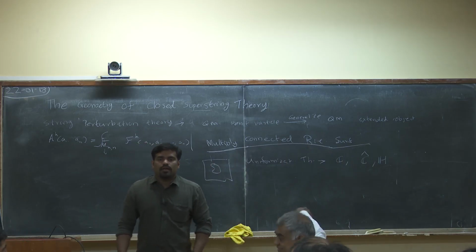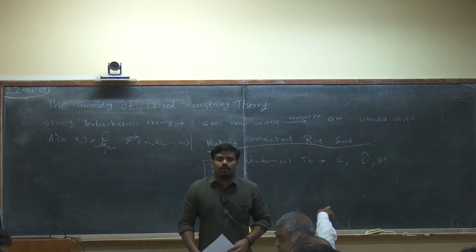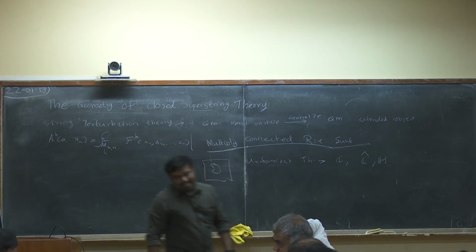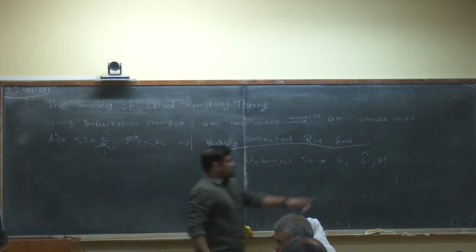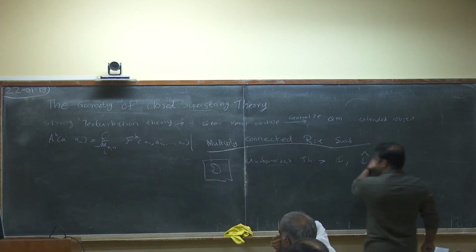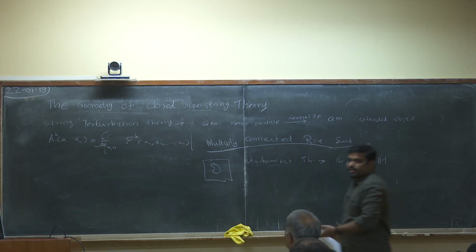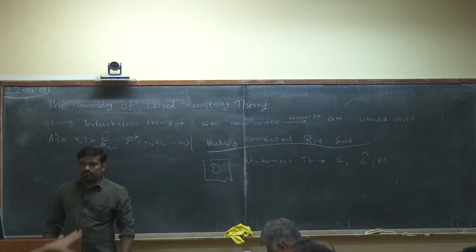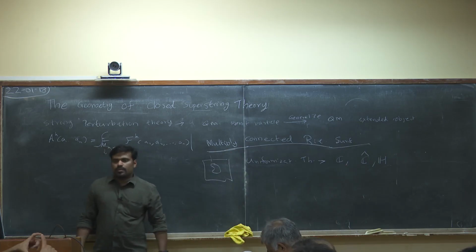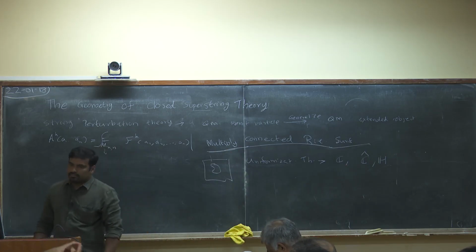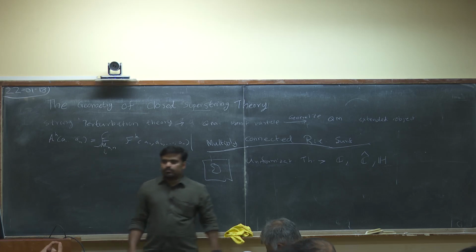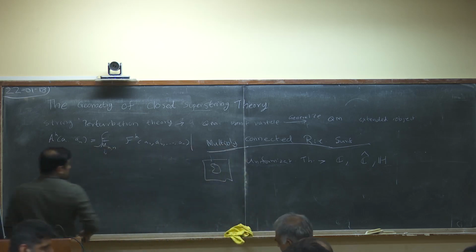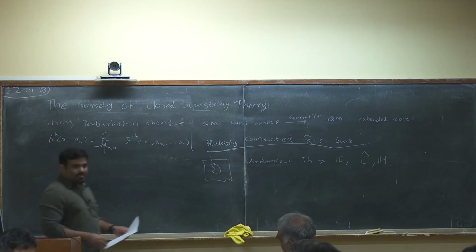So the open one is C, the closed one is C hat. The Riemann sphere is a compact surface, and C is a non-compact surface. So that's the main difference. Naveen had this nice formulation: C should be thought of as a disk which is an open set, C hat is a sphere, and H is a disk which is closed. These are different ways of thinking of the same thing.